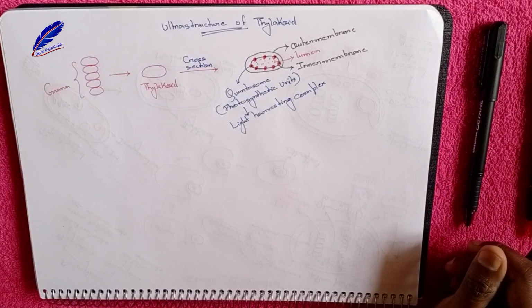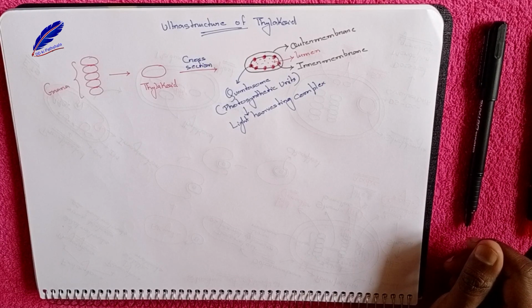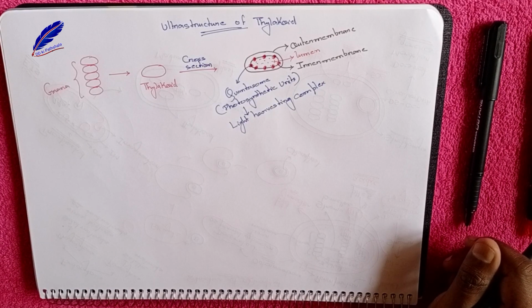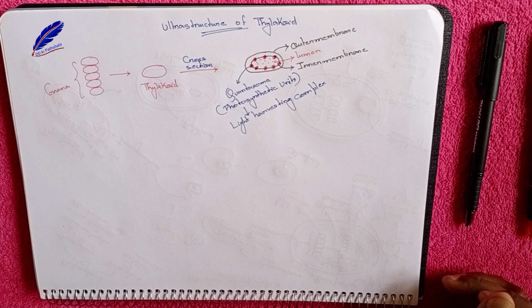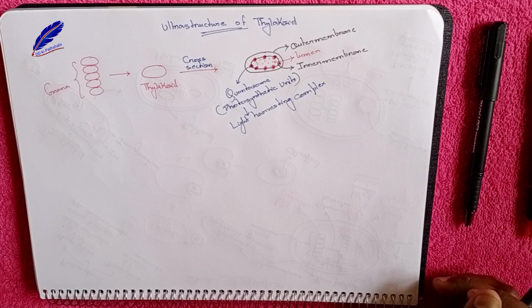That means quantasome, photosynthetic unit and light harvesting complex are nothing but alternative names given to the same structure.